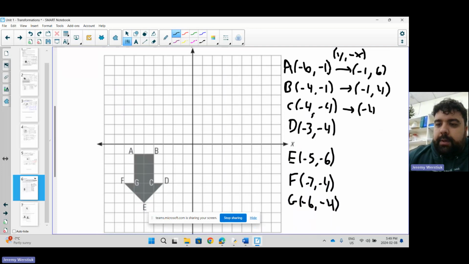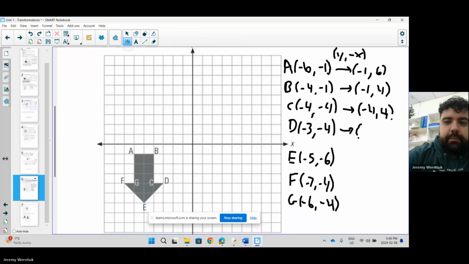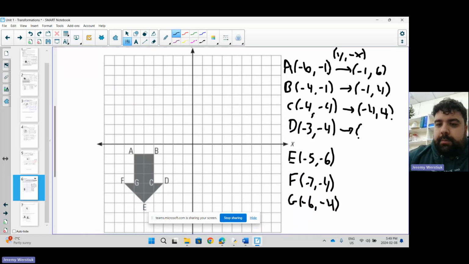I'm going to get -4 comma 4. I'm going to get -4 comma +3. Oh, no, sorry, I got that one backwards. Let me get the pen back here.